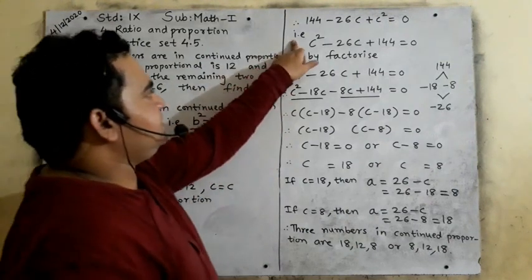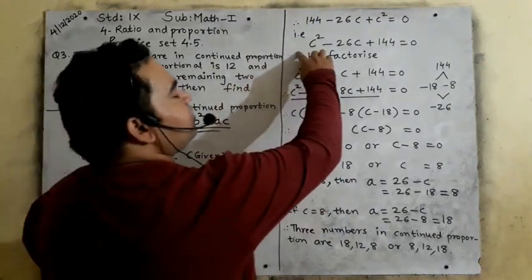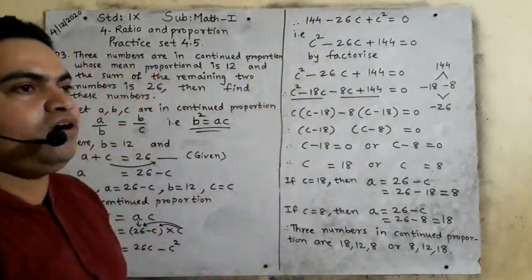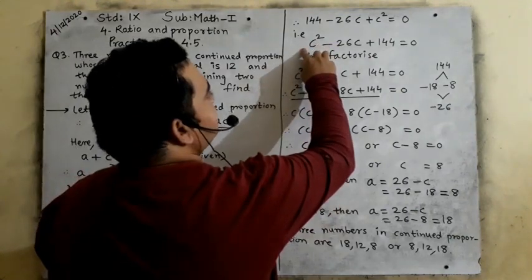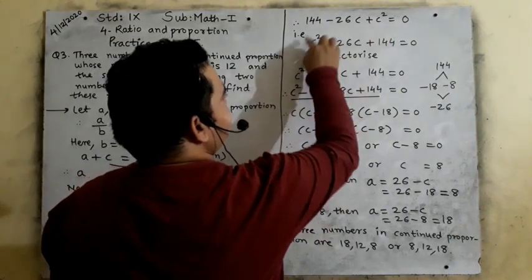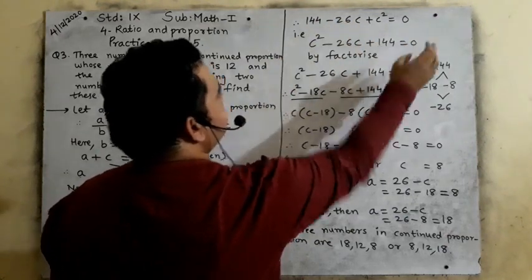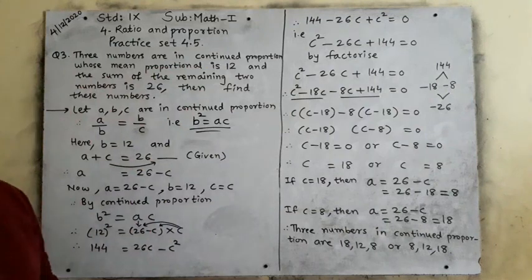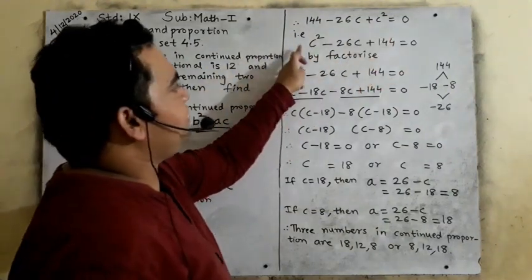Now we will write it in quadratic equation form: C square minus 26C plus 144 is equal to 0. So this is the quadratic equation now.